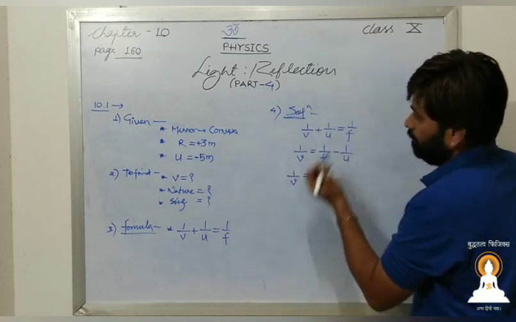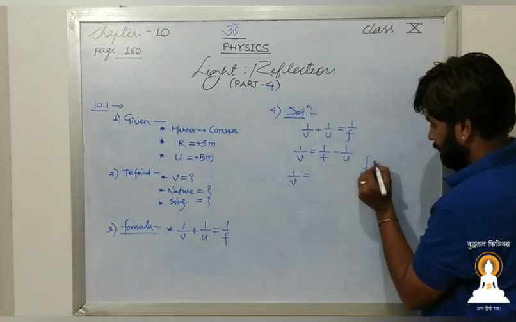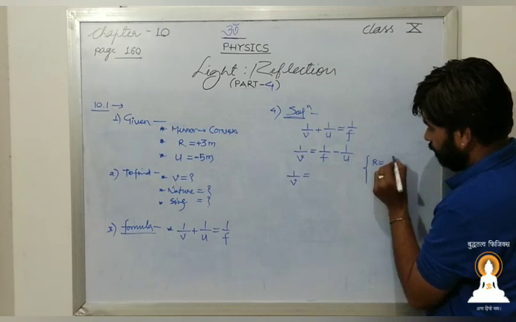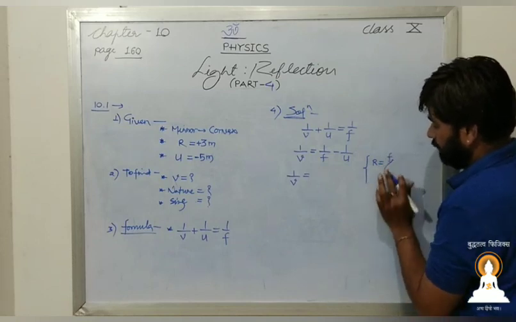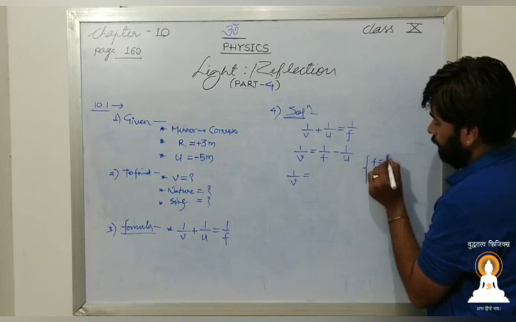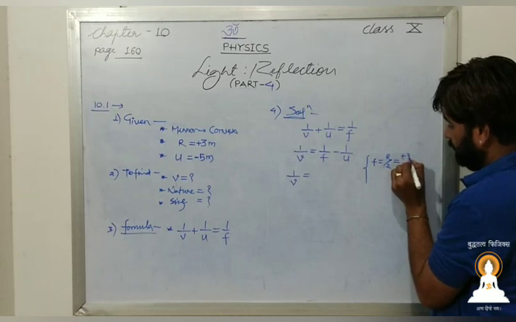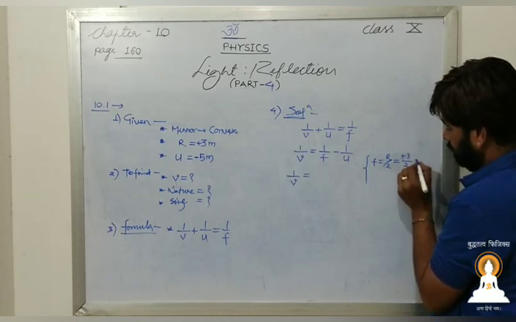So 1 upon f. Now we do not have f, so we know that f is equal to r by 2. F is equal to r by 2, and r they have given, that is plus 3, so f is 3 by 2, and that is in meter. No problem.